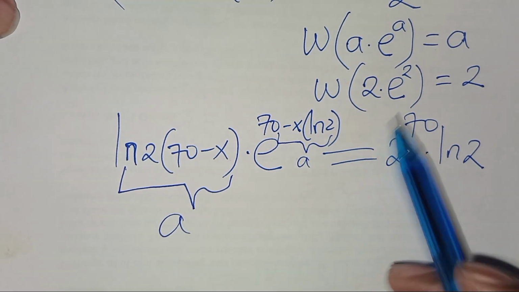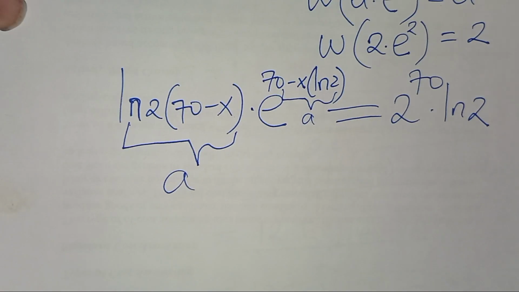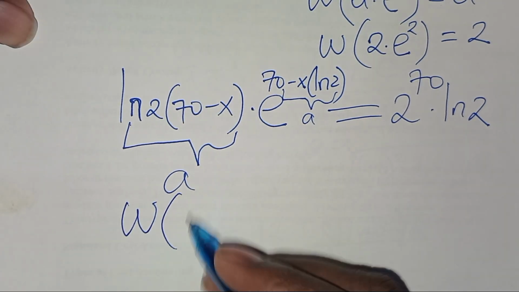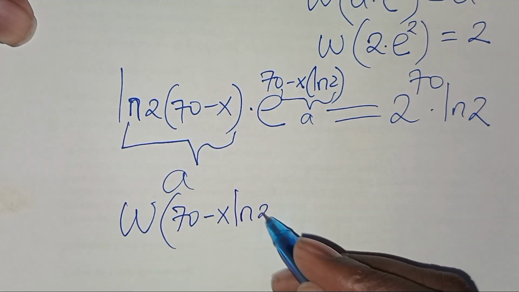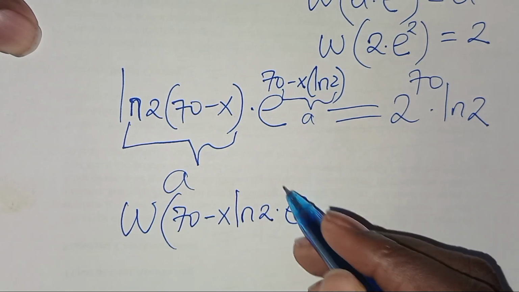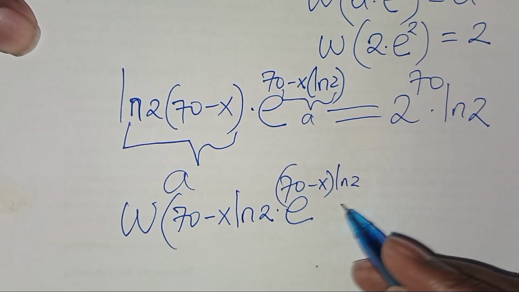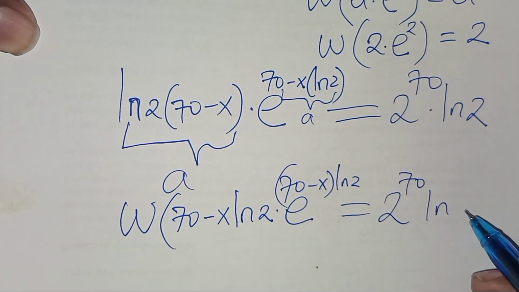Applying the Lambert W function, we'll have W of 70 subtract x ln of 2 multiplied by e to the power of 70 subtract x ln of 2, equal to 2 to the power of 70 ln of 2.